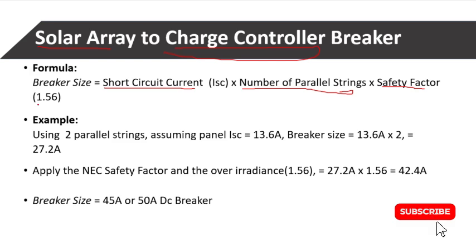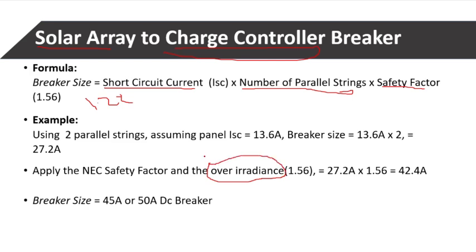Now for this panel we are using 1.56 because 1.25 is for the NEC recommendations, and another 1.25 is for over-irradiance, because your panels can operate above their STC, their standard test conditions.